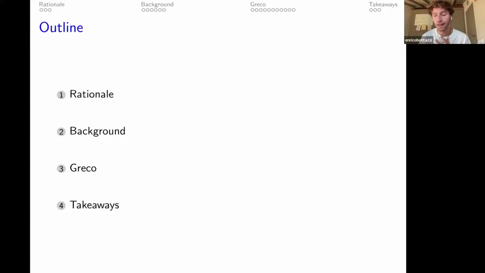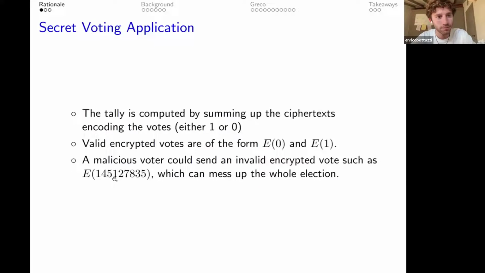And the second goal is to explain what the main bottlenecks are when you're trying to wrap FHE data structures and FHE operations inside a zk-SNARK, and share with you some of the design tricks that we employed to achieve, let's say, acceptable performance with Greco. And this is the outline.